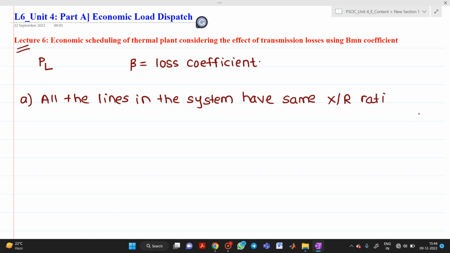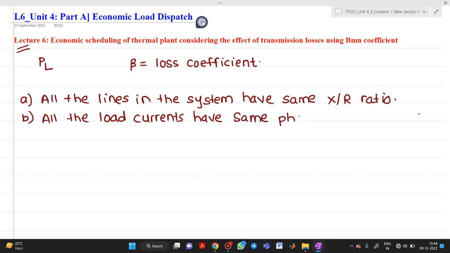Basically we are talking here about impedance, which will be the same. Next is that all the load currents have the same phase angle. So this is the second assumption.